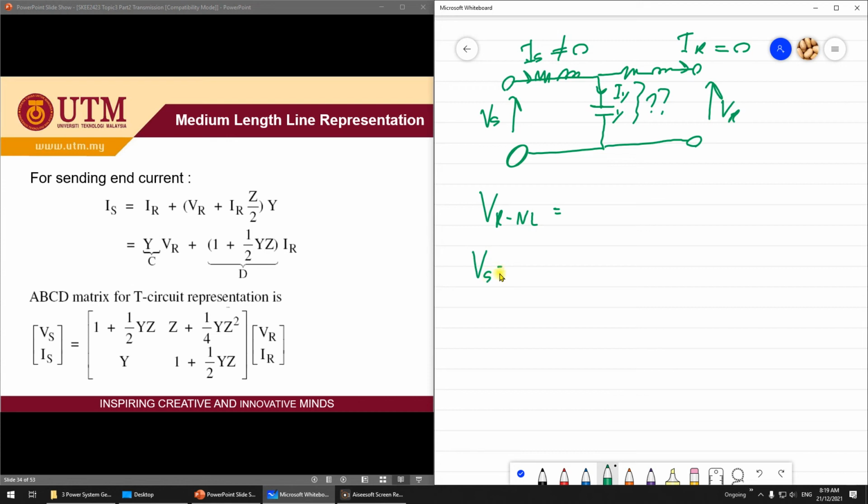So Vs is equal to (1 + yz/2) VR plus (z + yz²/4) IR. And remember, IR is equal to 0, so this term is equal to 0 and you only take this information.